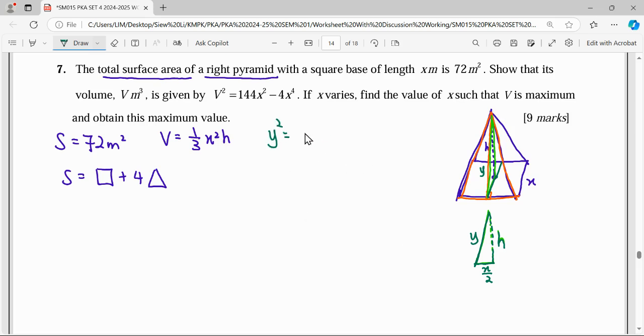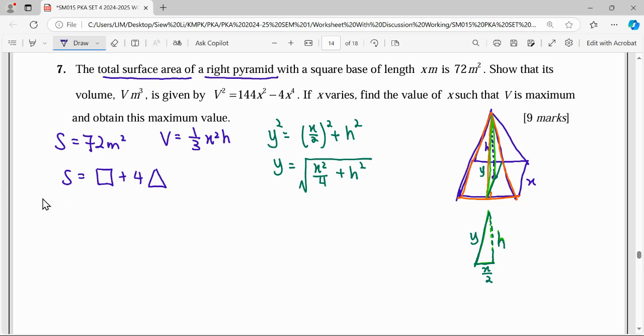So how to get this Y? Y squared is equal to, so Y is equal to, Pythagoras theorem, a squared plus b squared. So the height of the triangle is Y equals square root of x squared over 4 plus h squared. Believe?